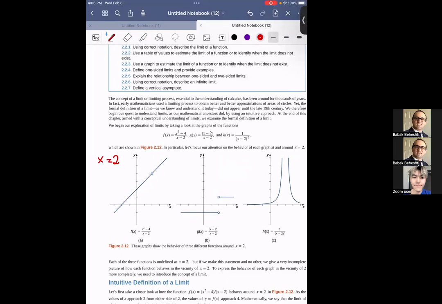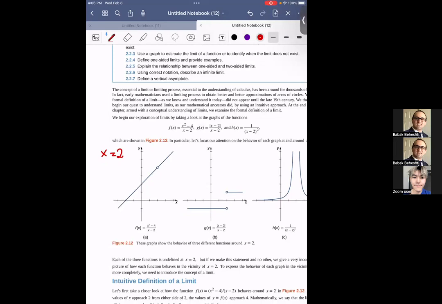So the first function is f of x equal to x squared minus 4 on the top, and x minus 2 on the bottom. As you can see from the graph, the function is not defined at x equal to 2, and that's why you see a hole.